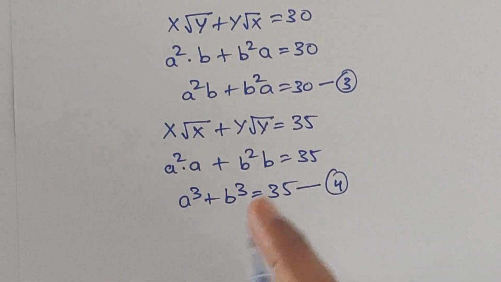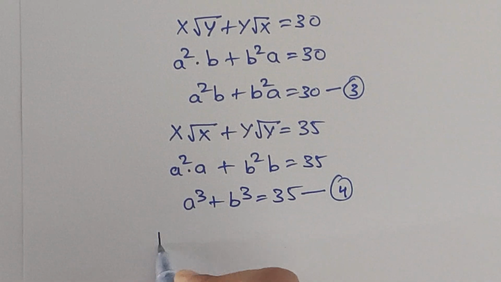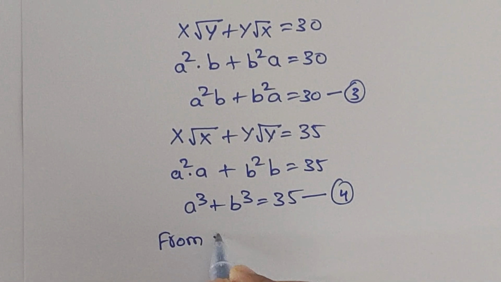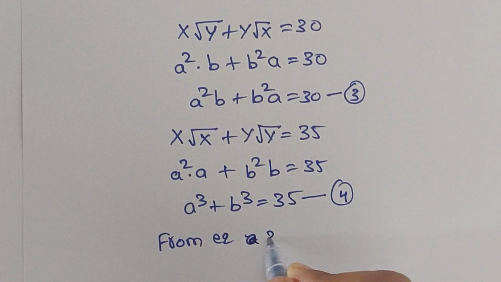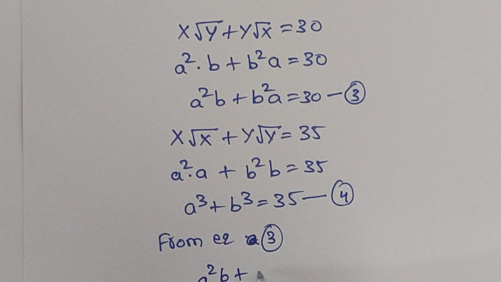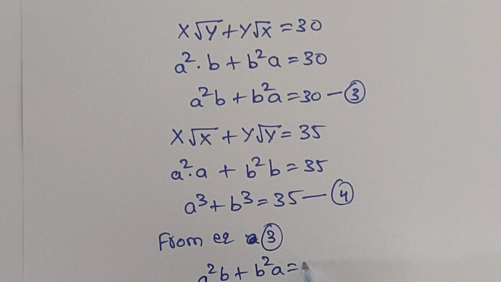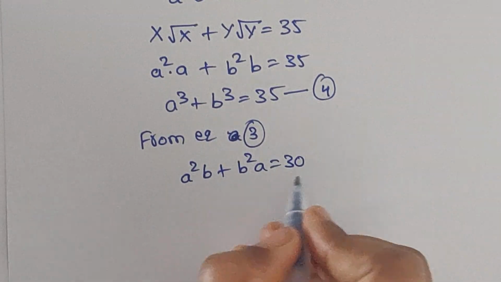So now from equation 3, a square b plus b square a equal 30. So multiply by 3 on both sides.